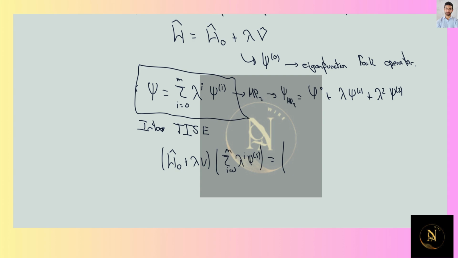That is going to give us the sum over i equals 0 of lambda to the i times the energy up to the order of perturbation times my wave function.